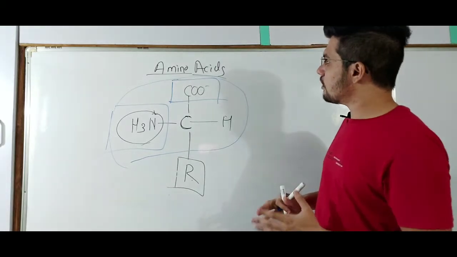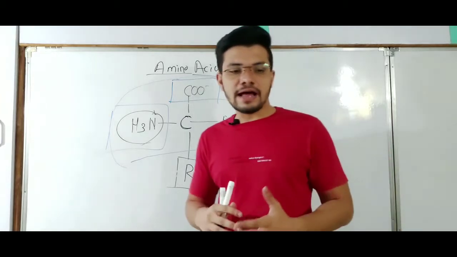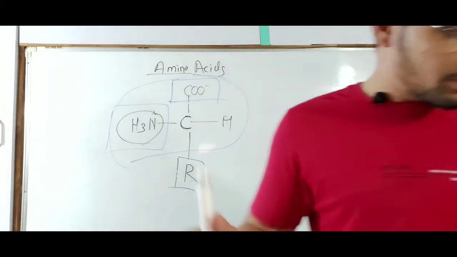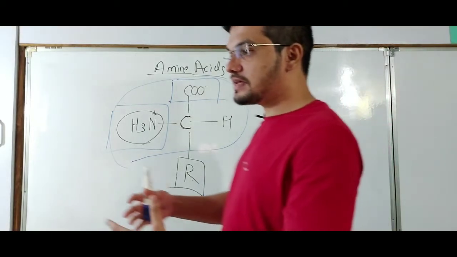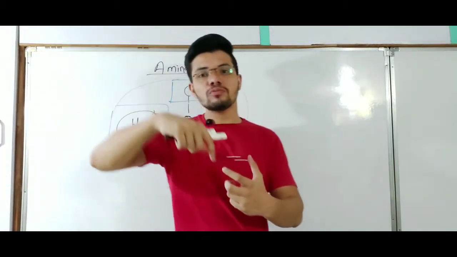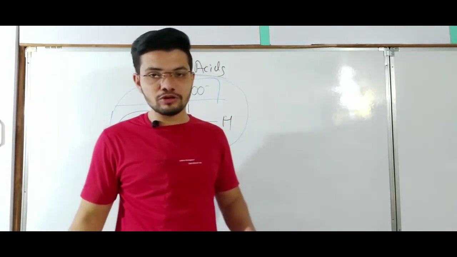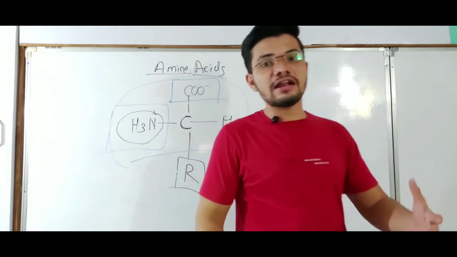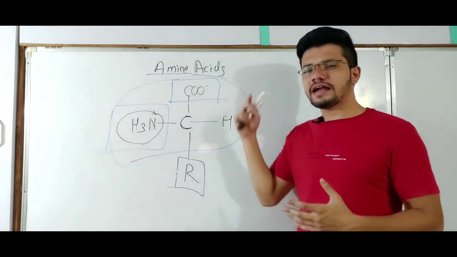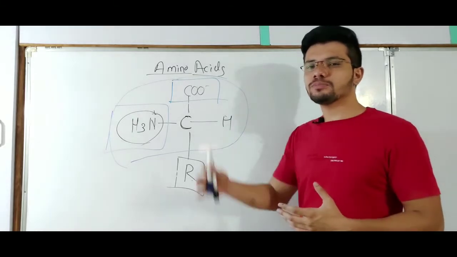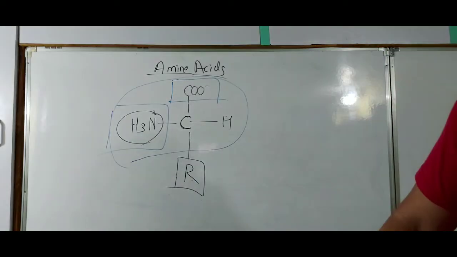We have seen that amino acids that are added ribosomically inside the protein chain are known as standard amino acids. Those amino acids that are present inside the living cells but are not added ribosomically into the protein chain are known as non-standard amino acids.